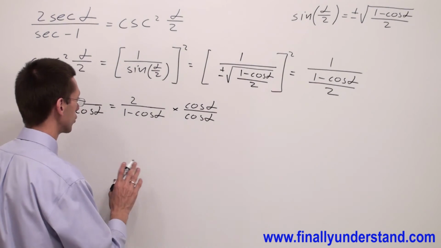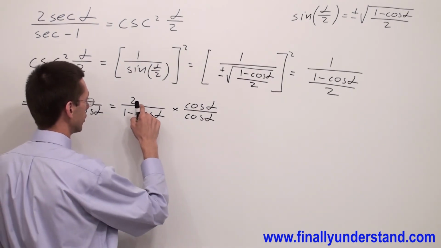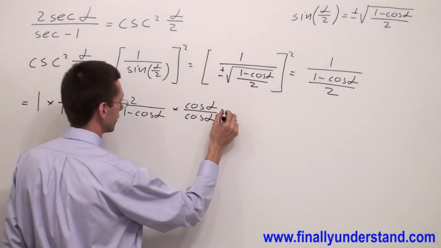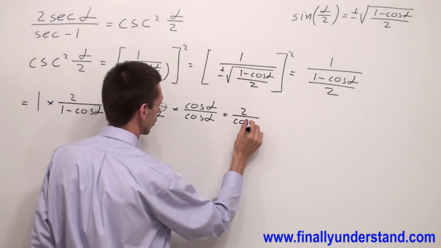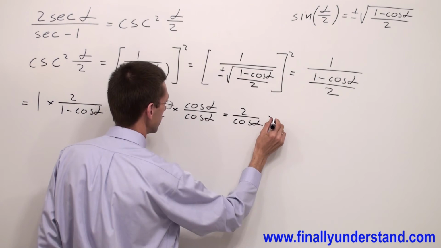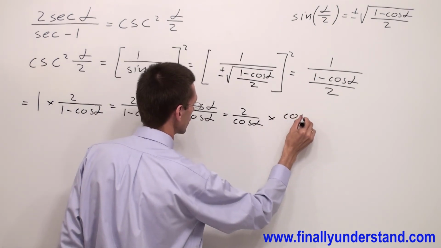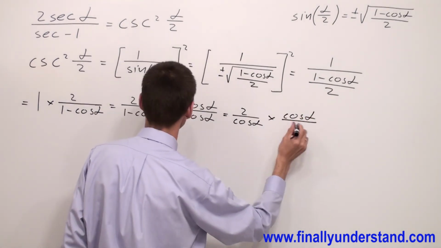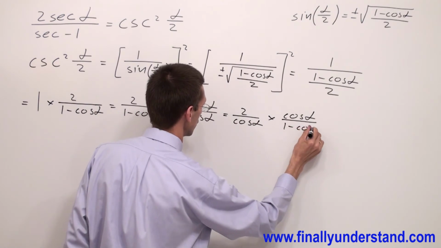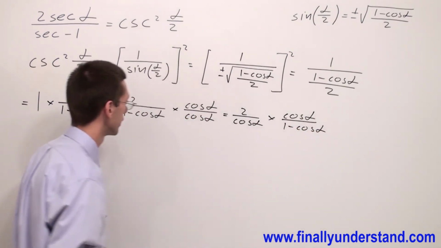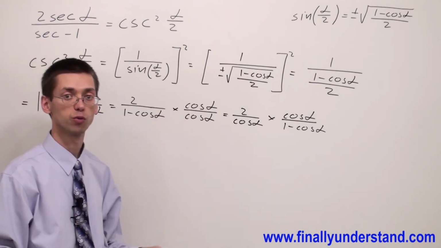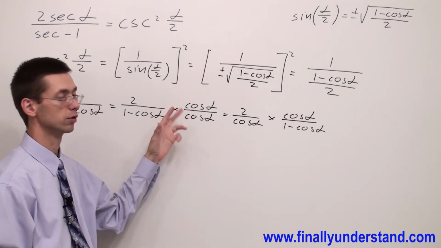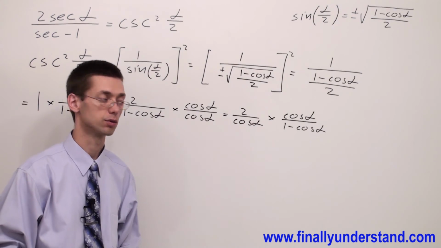1 times anything, in this case this fraction, is going to give me the same fraction. Maybe this is going to look a little bit different, but the value is going to have exactly the same. Now, let's take a look what we are going to do over here. We have 2 over cosine alpha times cosine alpha over 1 minus cosine alpha. Please notice that we have multiplication. Anytime you have multiplication, you can switch the order of the numerators and denominators.